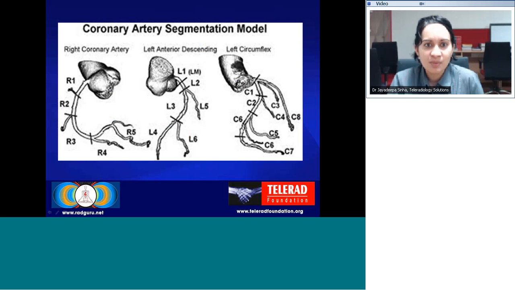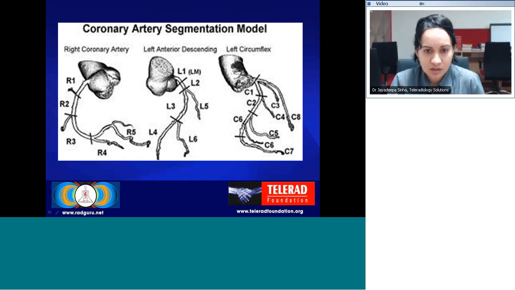Now there's emergence of a new coronary artery segmentation model where each arterial segment is annotated by numbers. For example, the right coronary artery is again divided into the proximal, mid and distal segments, labeled as R1, 2, 3, and then the PDA and posterolateral branches are named as R4 and R5.